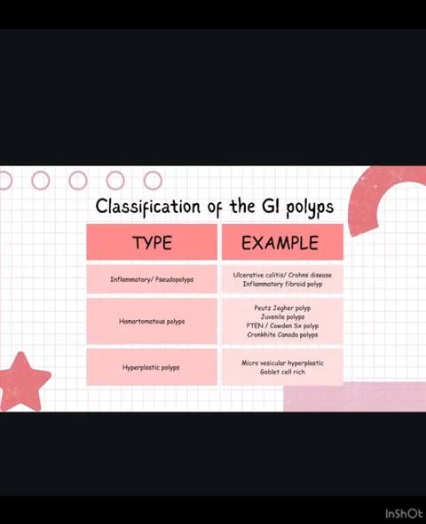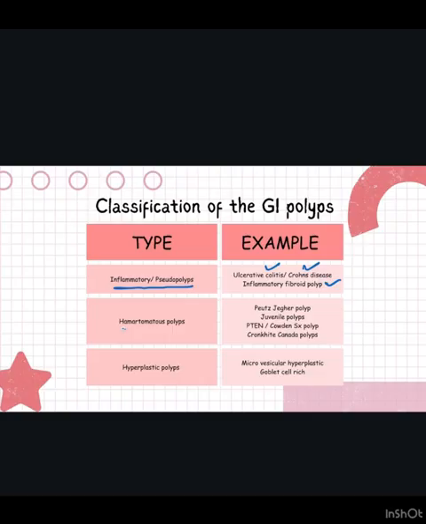So, how do you classify the different GI polyps? In order to make it a little bit concise, I have classified it as type and then examples of these kinds of non-neoplastic GI polyps. Firstly, you have the inflammatory or the pseudopolyps. You can find these in conditions like ulcerative colitis, Crohn's disease or inflammatory fibroid polyp.